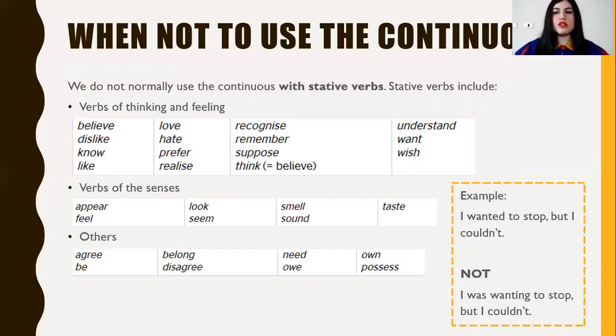We can use them in some specific cases. For example, I think it's McDonald's: I'm loving it. Loving, here it's ing. But most of the time, we don't use ing with these verbs, okay? So for example, I wanted to stop, but I couldn't. And we're not going to say I was wanting to stop. So you're not going to use the ing with these verbs, okay? In most cases.